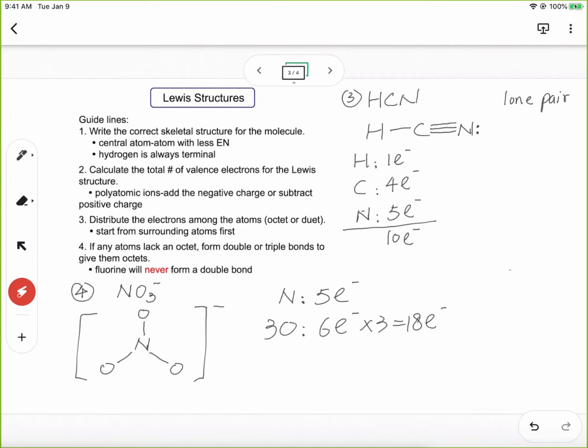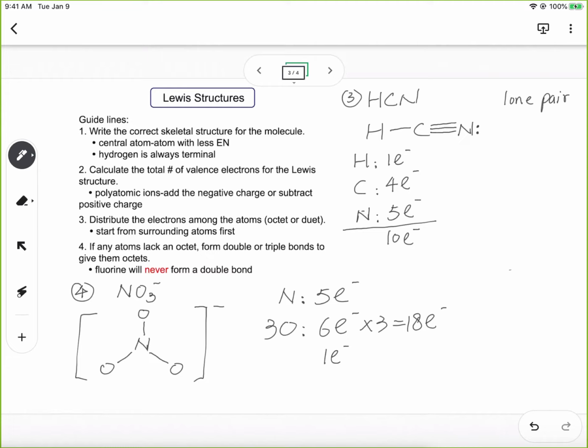Why is that? The reason why it's negatively charged is because this NO3 has to get 1 extra electron to get stabilized. You don't need to care about where that extra electron comes from. Okay? As long as you know that this negative charge represents 1 extra electron and it needs to be added in the valence electron count, then that would be good enough for this topic.